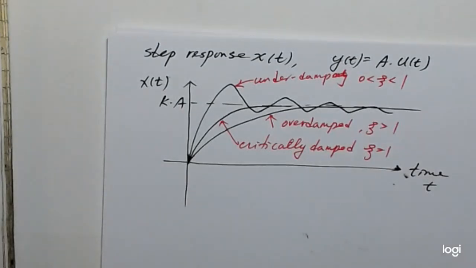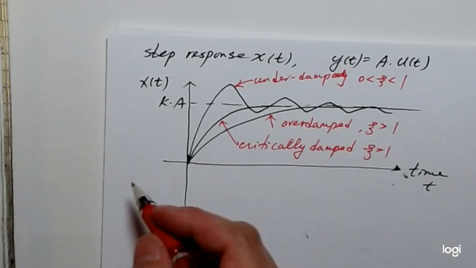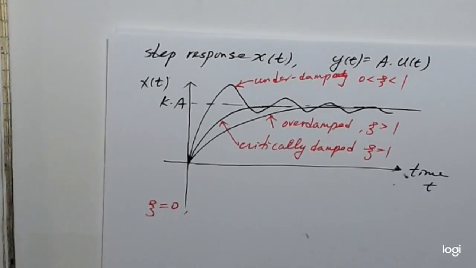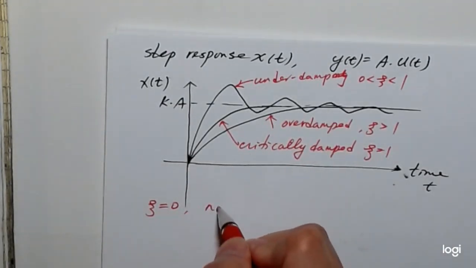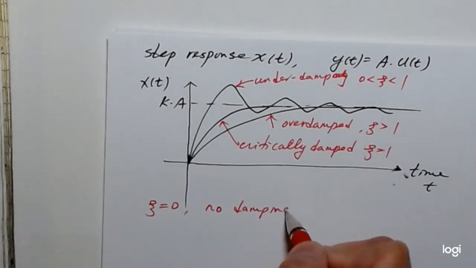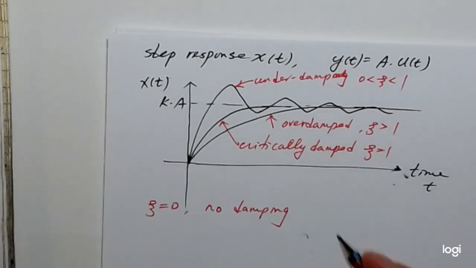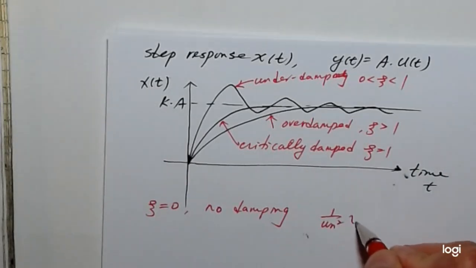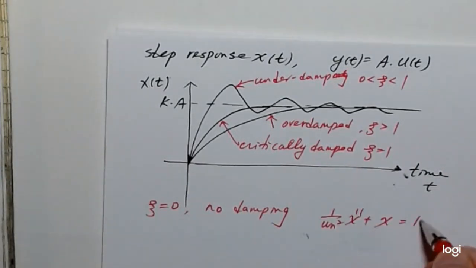Of course, what happens if the damping ratio is equal to 0? In other words, in the system, there's no damping, no energy being dissipated. It's like a spring. So given an excitation, it will keep oscillating without stopping.